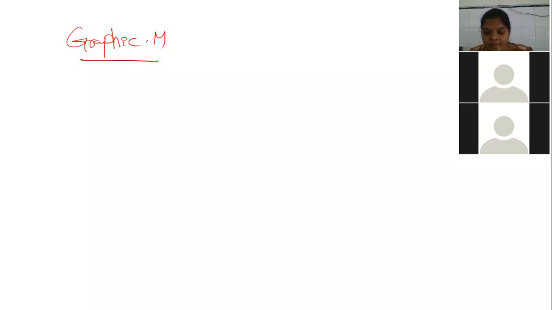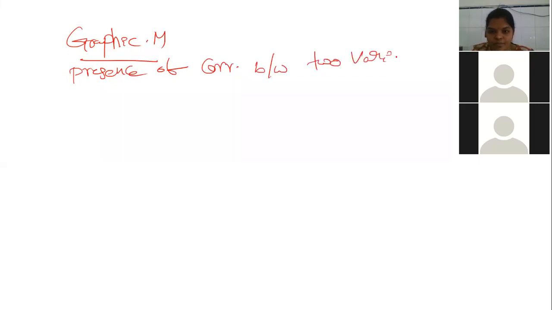This is another simplest method for ascertaining the presence of correlation between two variables.